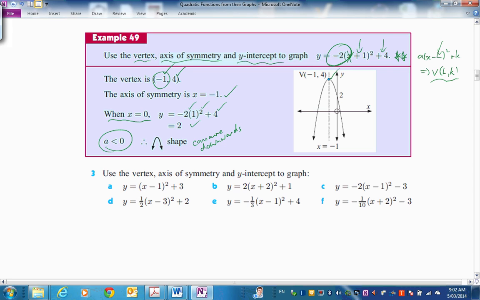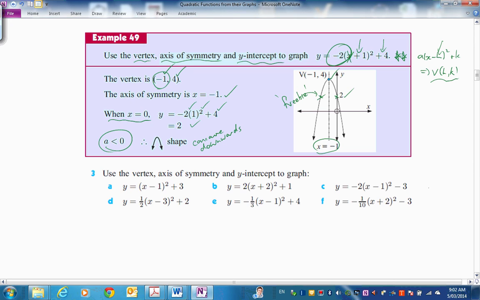Neg 1, 4 plots there. 2 is the y-intercept, and draw the axis of symmetry through. So then you might take a point, same distance the other side. I call that a freebie. You don't have to actually calculate anything. A freebie point, just to get a bit of fatness there, or symmetry, across that axis of symmetry.